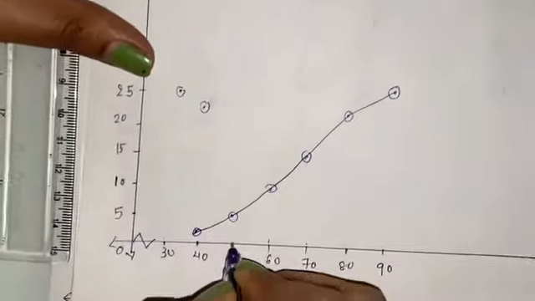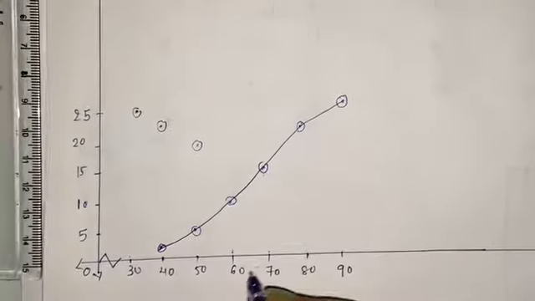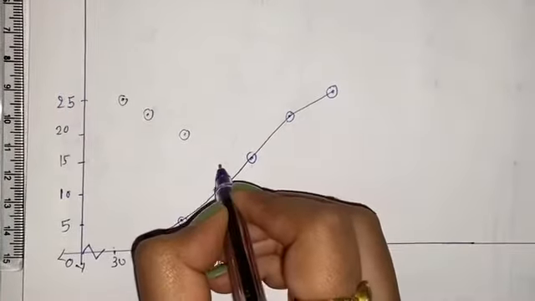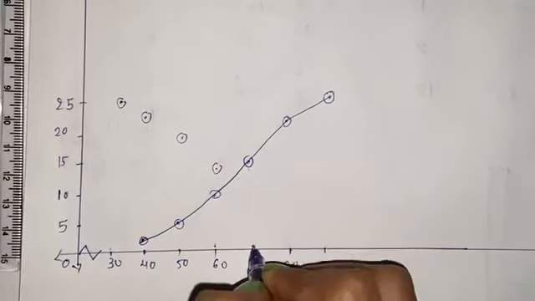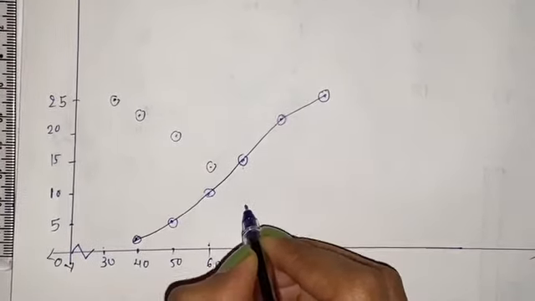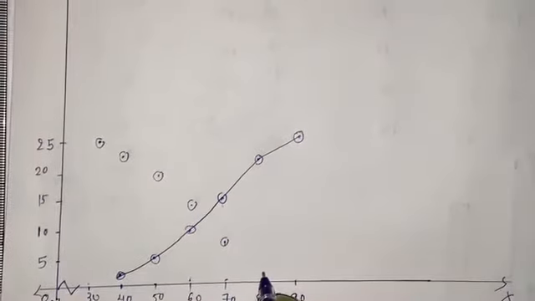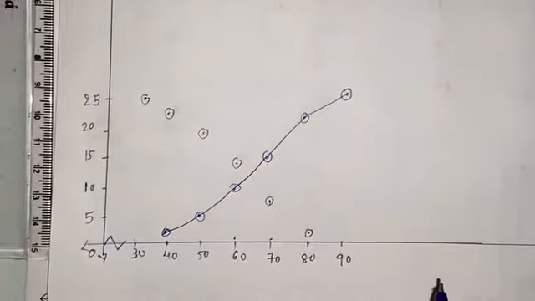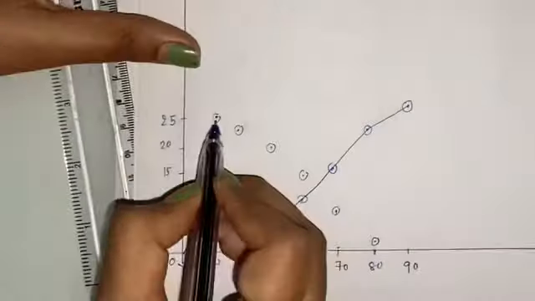With 50, we have 20. Then with 60, we have 15. With 70, we have 8. With 80, we have 2. And 90, we do not have to use here. So now join this.